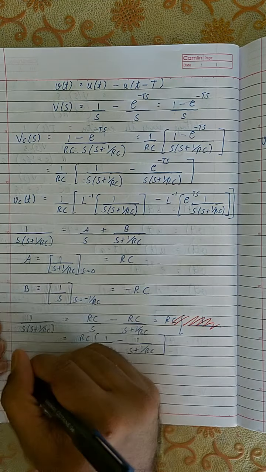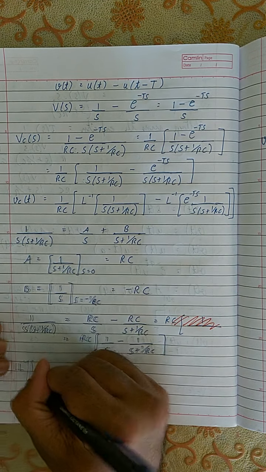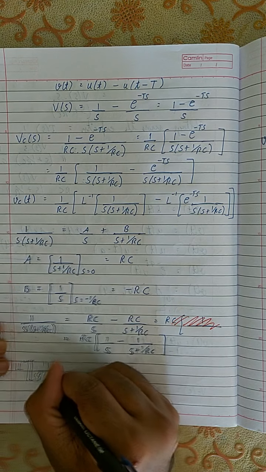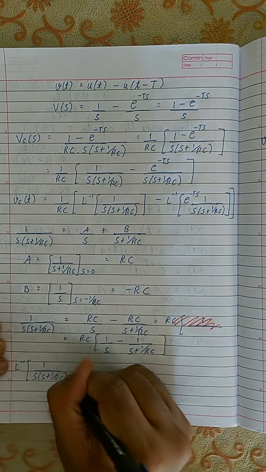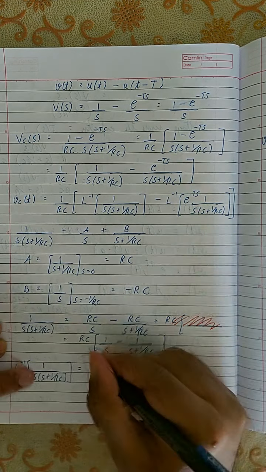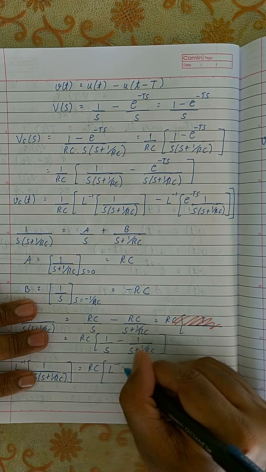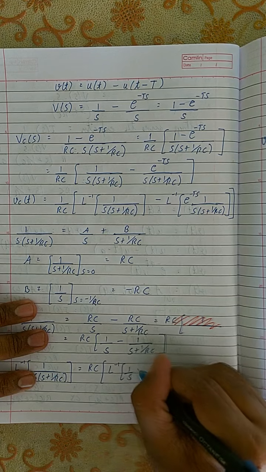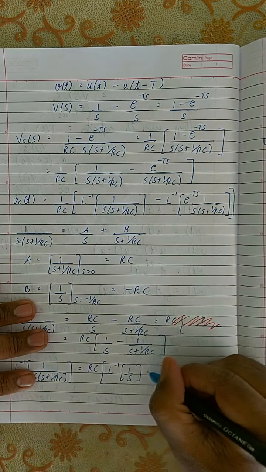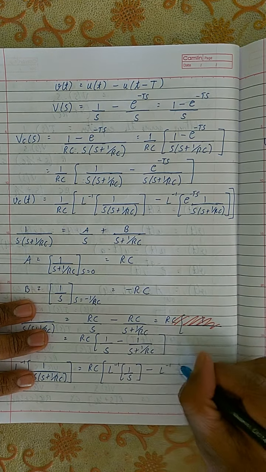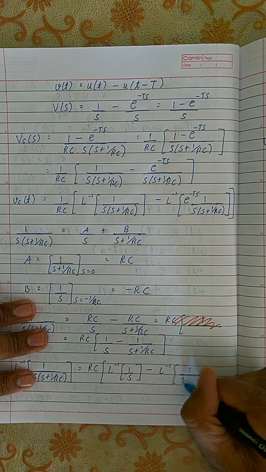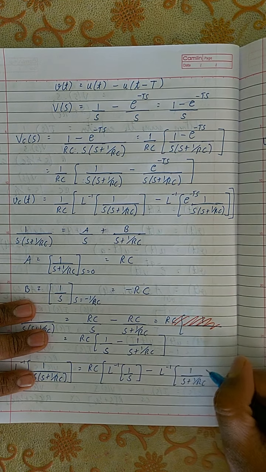So therefore the Laplace inverse of 1 by S into S plus 1 by RC is equal to RC into the Laplace inverse of 1 by S, minus the Laplace inverse of 1 by S plus 1 by RC.